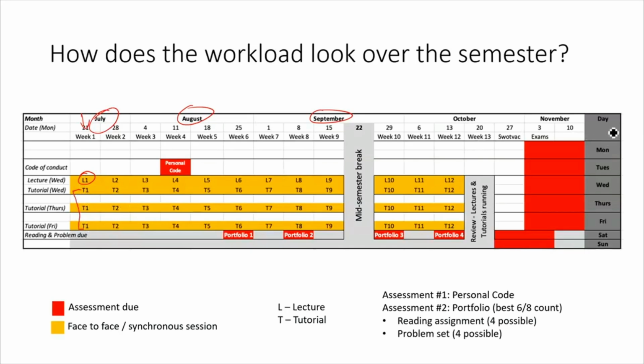So the days you can see are down on this side of the figure. In week 4, the personal code is due in week 6 on the Saturday of week 6, portfolio 1, and then every 2 weeks the portfolio is due on the Saturday.